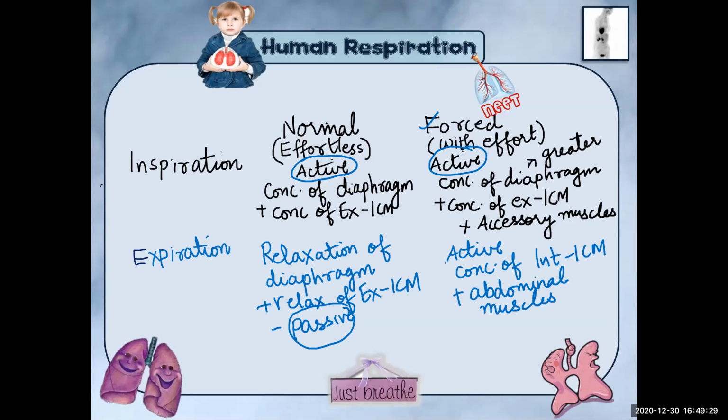So normally inspiration and expiration happen with the help of diaphragm and external intercostal muscles. This grid is very, very important.